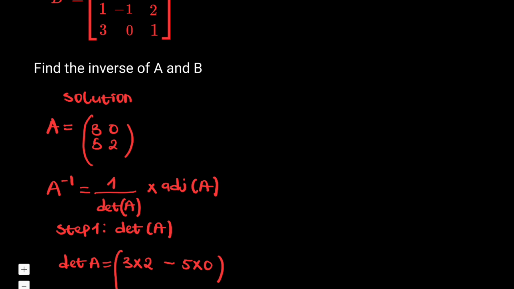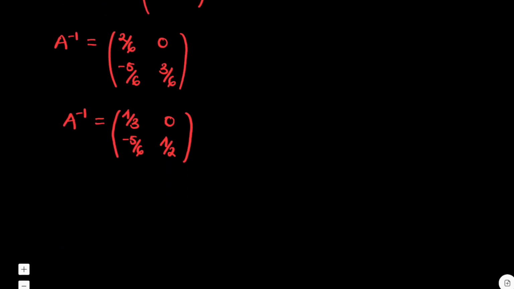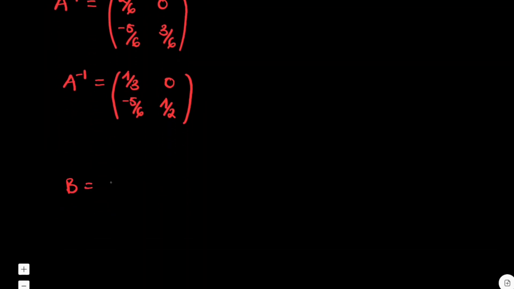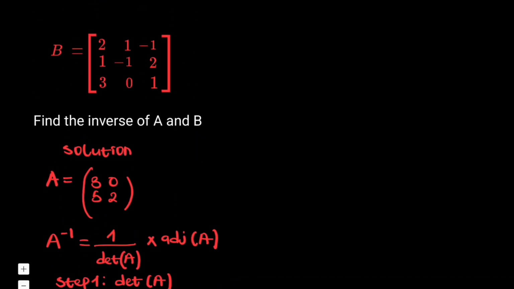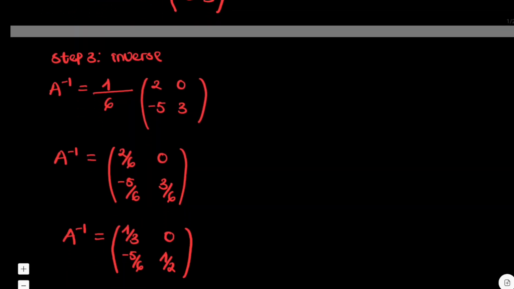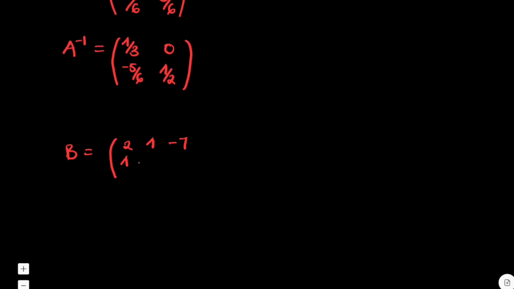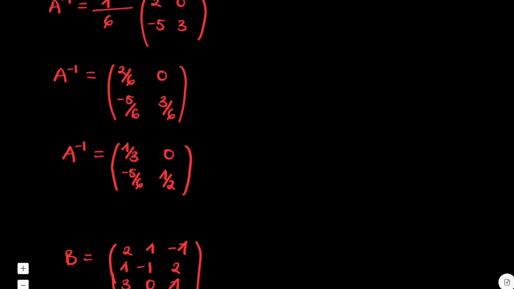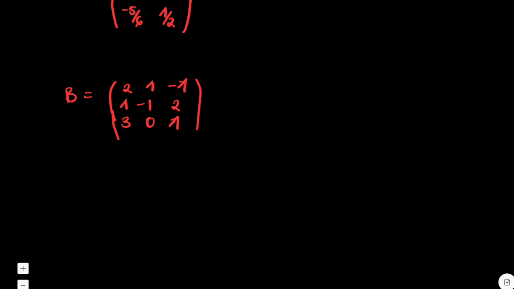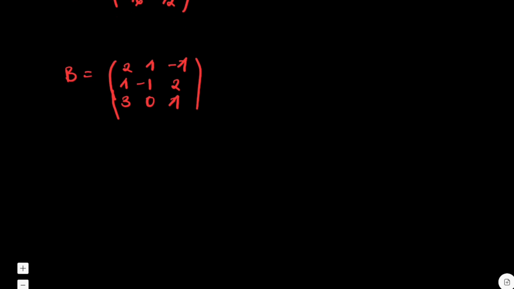Let me just write it down: 2, 1, minus 1, 1, minus 1, 2, and 3, 0, 1. Let me confirm. Okay, so this is the matrix B. We have to find the inverse, so let me write our formula down again.